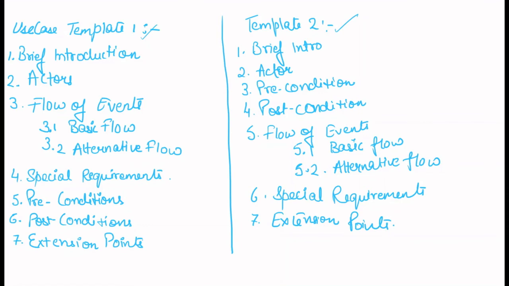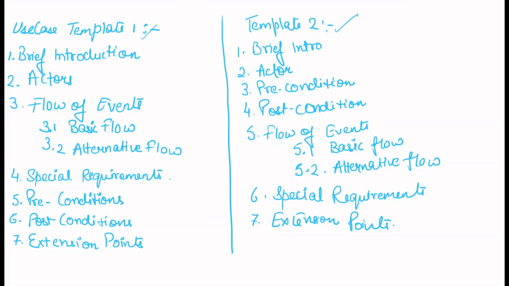The very first thing you need to mention is the brief introduction, which gives a quick background of the use case. Second is the actor: you need to provide the list of the actors that are interacting or participating in any of the use cases.